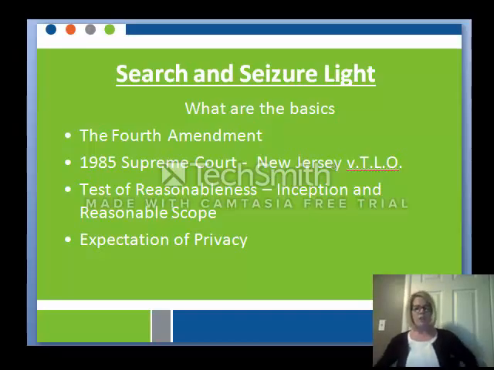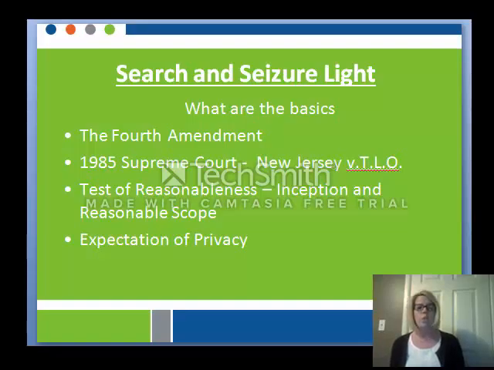When we talk about that, there are two questions that are asked, and we think about these when a search and seizure has been performed, or before we're about to perform it. The first question is, was it reasonable at its inception? Meaning, was there probable cause that the search would turn up evidence that fits an alleged infraction or misdemeanor?